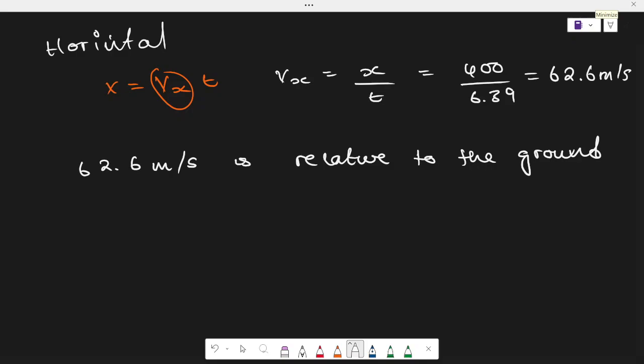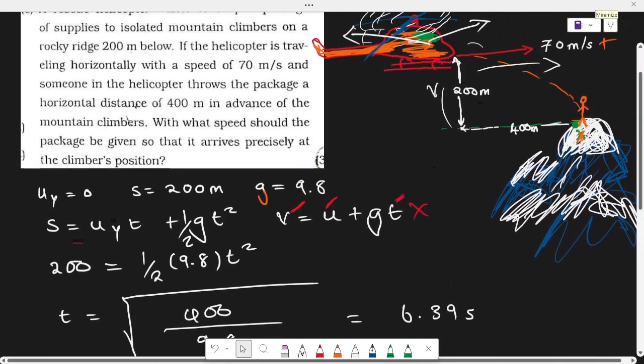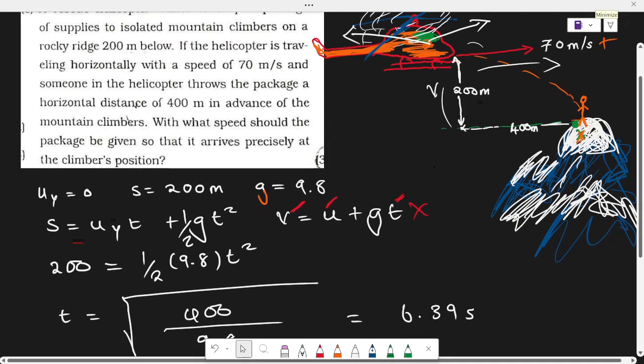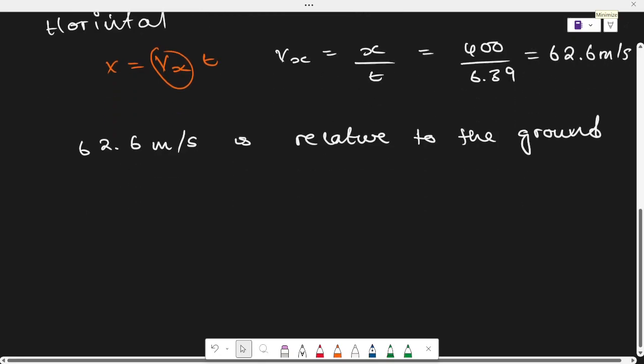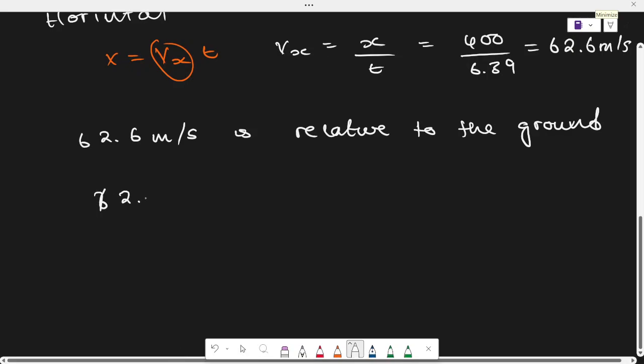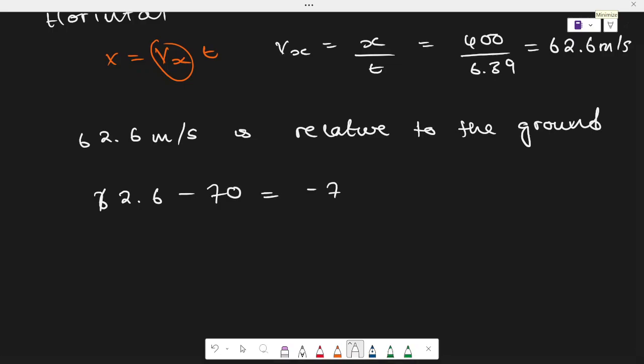Now we need to find the speed relative to the helicopter. For us to do that, the speed relative to the helicopter, as this guy is throwing this package backwards, is going to be equal to 62.6 minus 70, which gives us negative 7.4 meters per second.